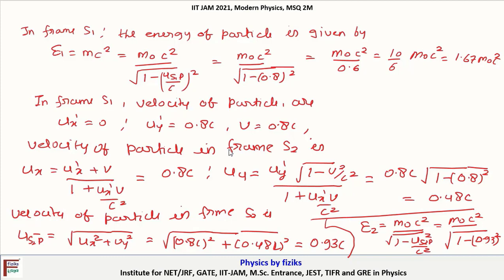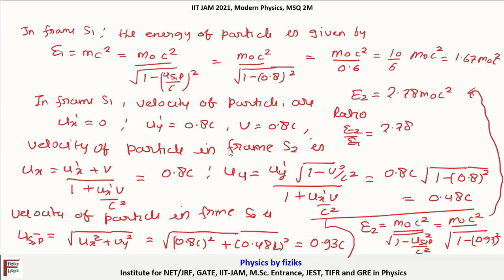And this E2 comes out to be 2.78 m0 c square. The ratio E2 by E1 would be equal to 2.78 m0 c square divided by 1.67 m0 c square, which is equal to 1.66.